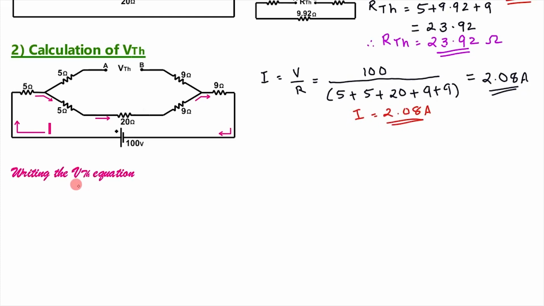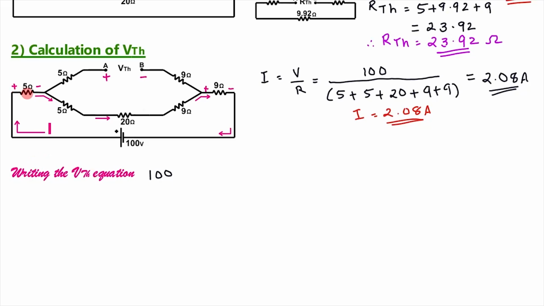Therefore, I is equal to 2.08 ampere. Then to write the VTH equation, we will first mark the polarities. Current is coming in this way, so it is entering here plus, minus. Then let terminal A be plus and B be minus, and as it is leaving here it is plus then minus. As this is an open circuit, we need not consider this 5 ohm and 9 ohm. Then writing the VTH equation, there is a rise in potential of 100 volt, plus 100.